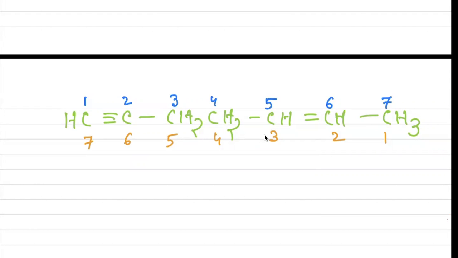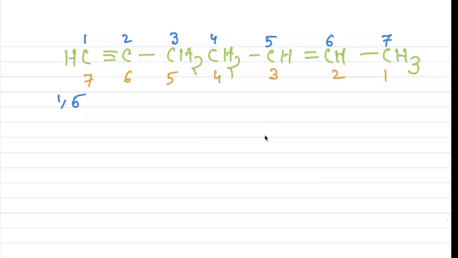Ma'am, blue one. Blue one is correct. Yes, very good. Because here the triple bond is present, and the triple bond's locants are 1 and 5. So the naming will be: 7 carbon atoms are present, so it will be hept-5-yn-1-ene.